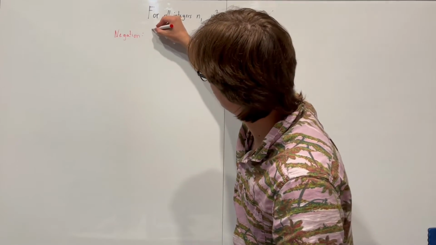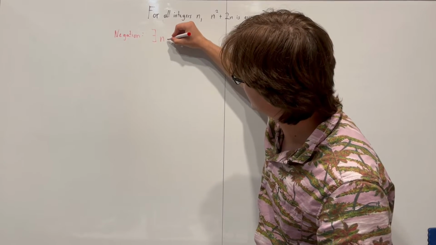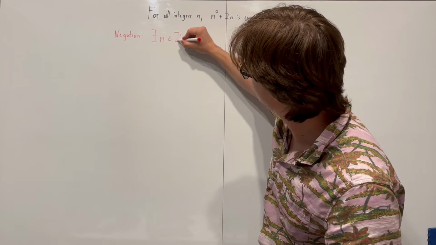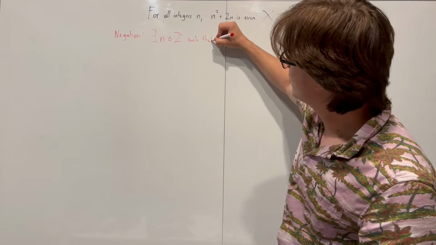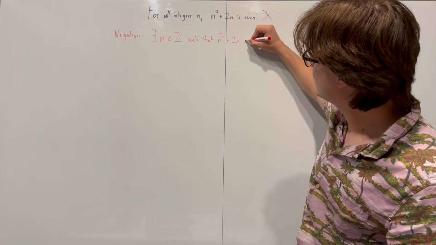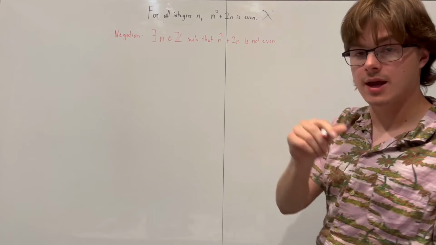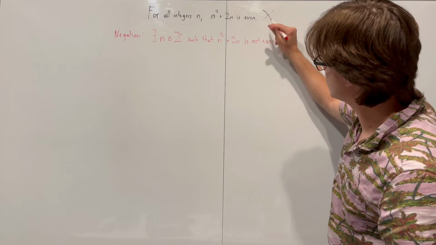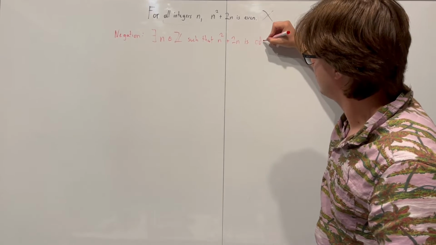So we're going to write down: there do exist integers n such that n²+2n is not even. Again, if you don't like this, you could just replace not even by saying odd.